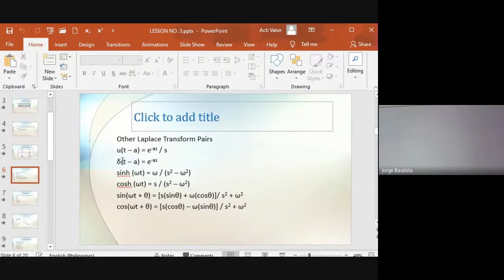Okay? So ganun din dito yung delta function natin. So kung walang a, nag-start siya sa 0. Since merong a na nakalagay, ibig sabihin, either before or after. No? Depending on the sign of a. So if your a is minus a, meaning that is after 0.